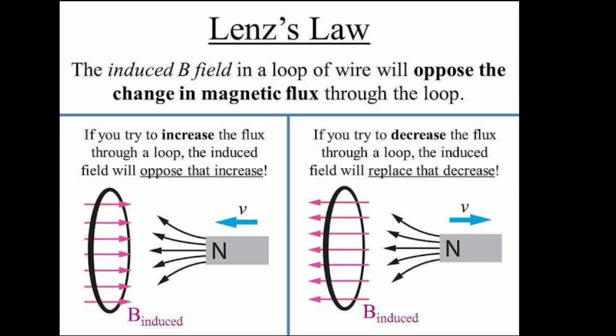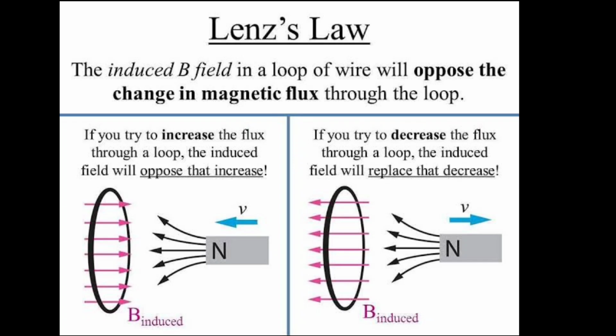But if you observe the diagram shown in the given slide, if you try to increase the flux through the loop, the induced field will oppose the increase, and if you try to decrease the flux through the loop by moving the bar magnet away from the loop, then the induced field will replace that decrease. So it means that the polarity of the induced EMF in the closed circuit is such that it always opposes the cause which produces it.